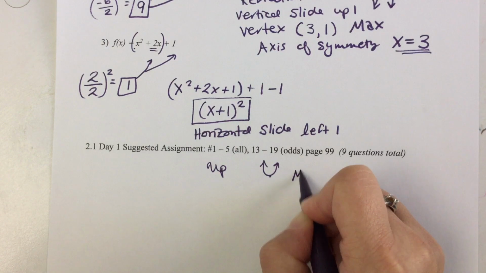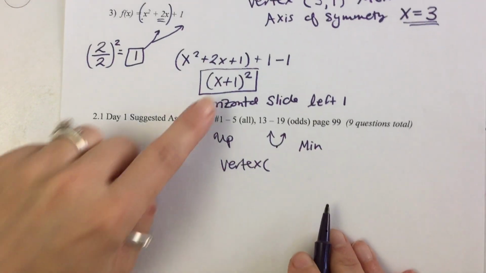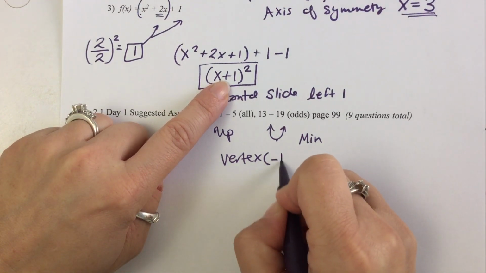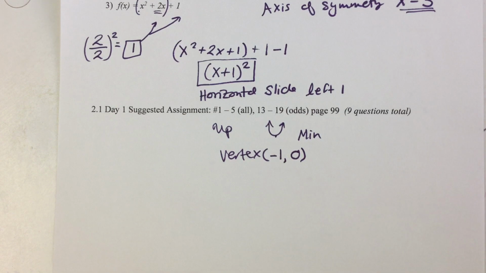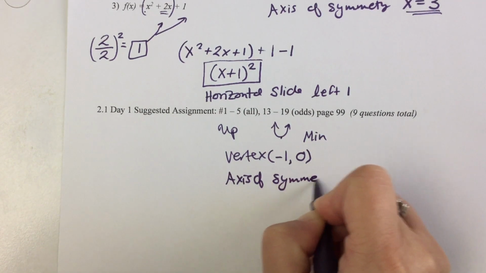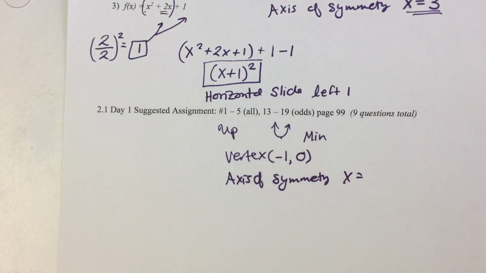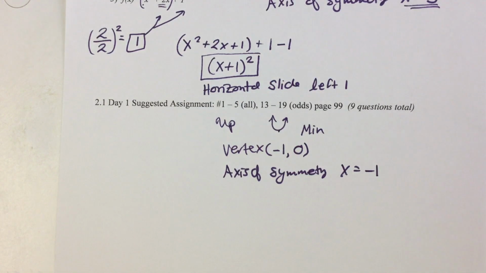So my vertex is going to be a minimum. The vertex, what are you subtracting from x in parentheses? -1. What are you adding or subtracting at the end? Nothing. Your axis of symmetry is x equals h. H is what are you subtracting from x, or subtracting a -1.